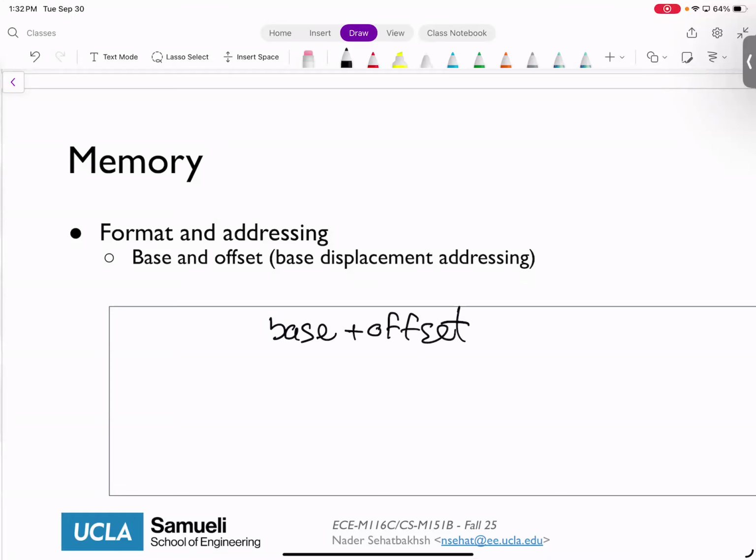The reason we want base plus offset addressing is that sometimes we don't know exactly where something is, but all I know is that it's, for example, 4 blocks away from the base.